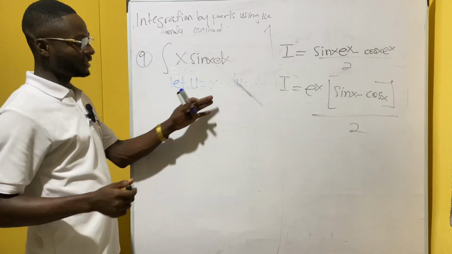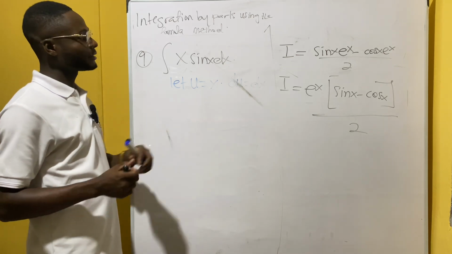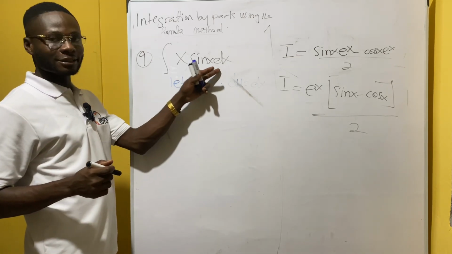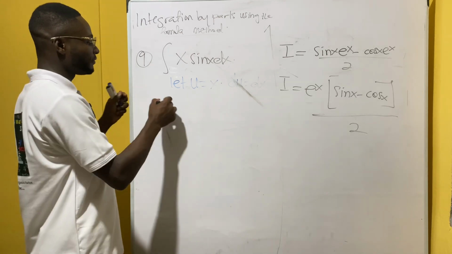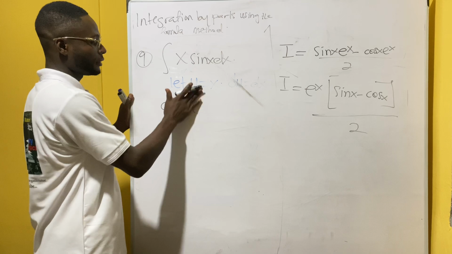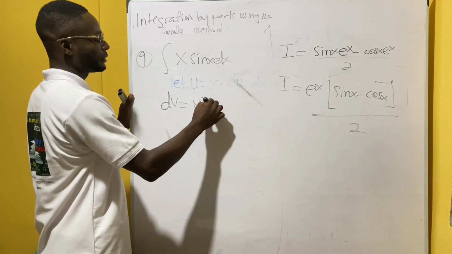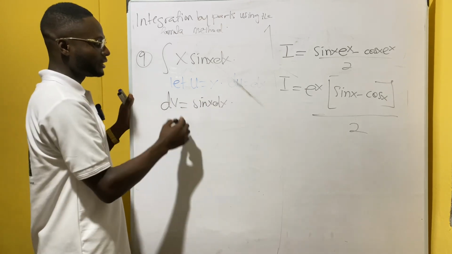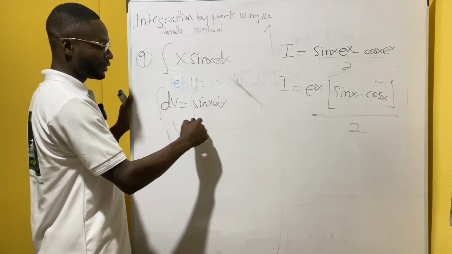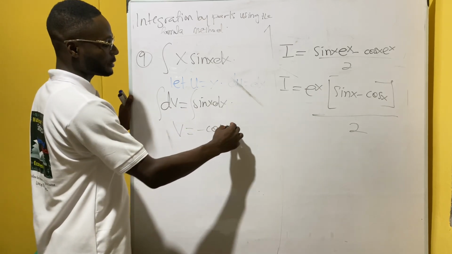So if we have identified the u and the du, then we can say that sine x dx will be the dividend. So we have dv is equal to sine x dx. So when we integrate both sides, we have v equals negative cos x.